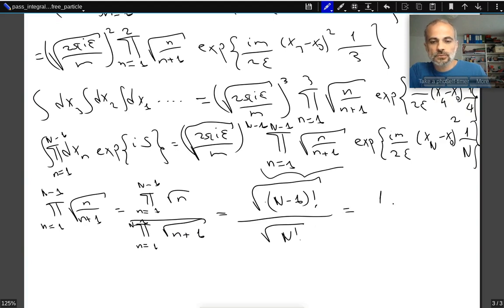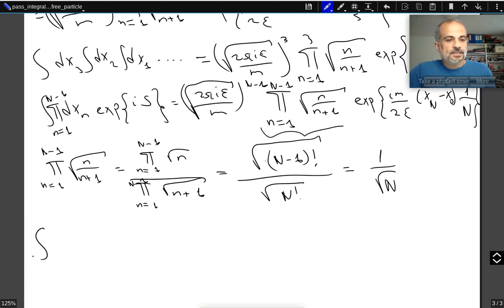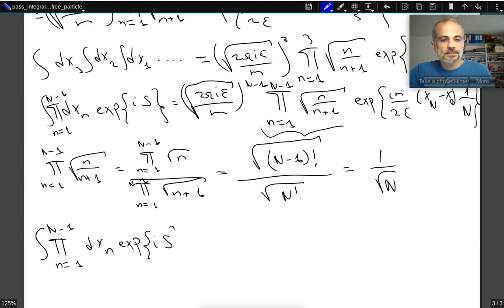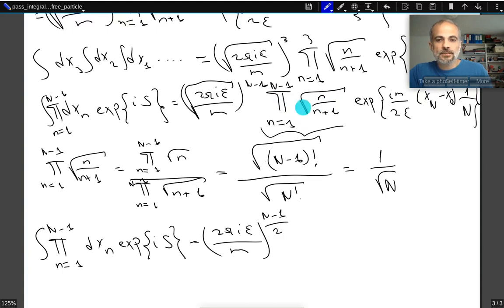So this is 1 over square root of n. So this integral, n from 1 to n minus 1 of dxn of the exponent, is actually equal to 2 pi I epsilon over m to the power n minus 1 over 2. Now this product is just 1 over square root of n.